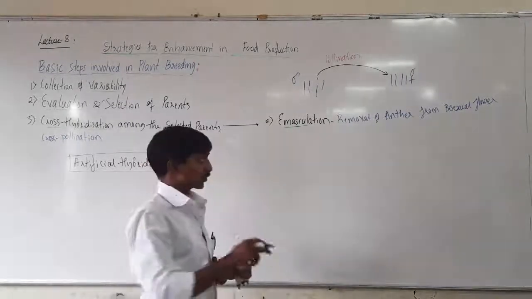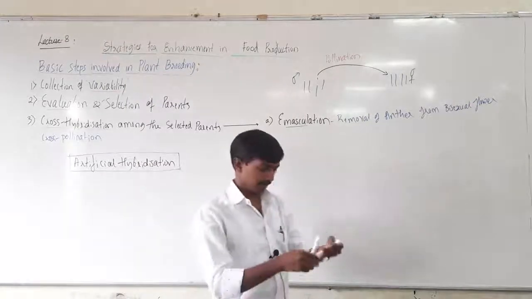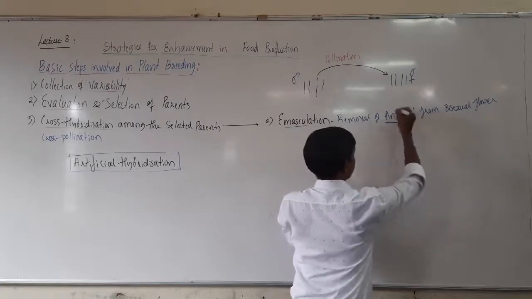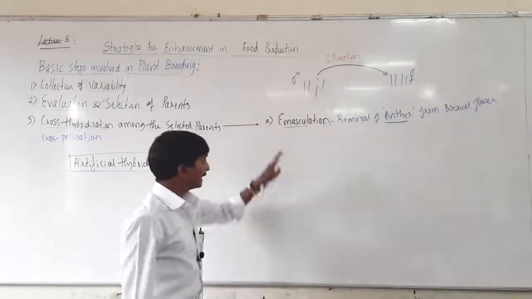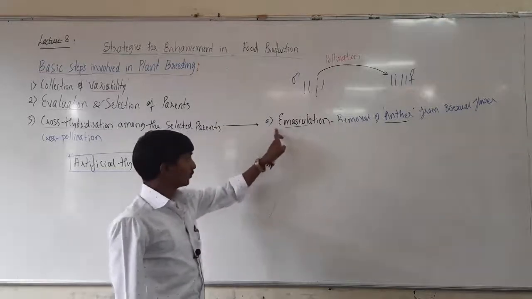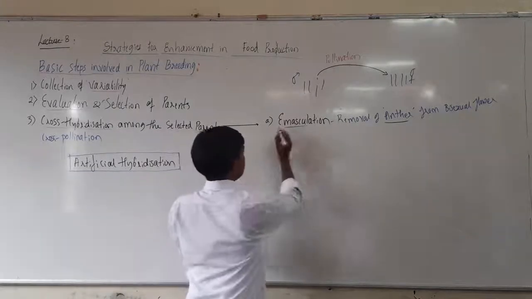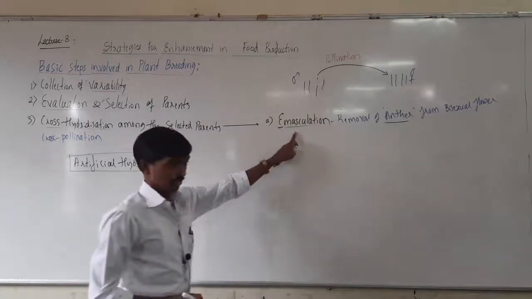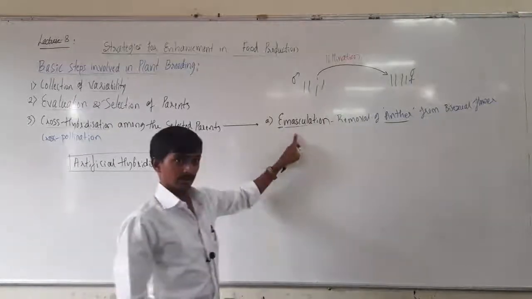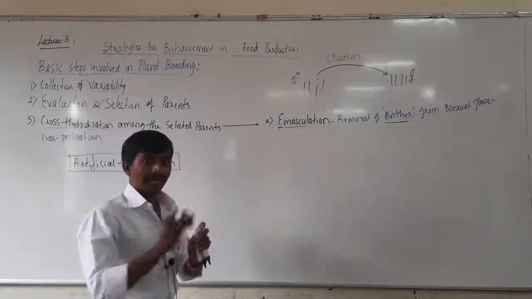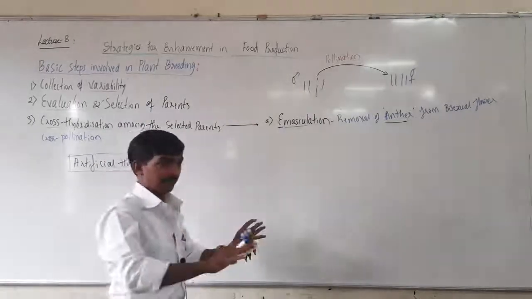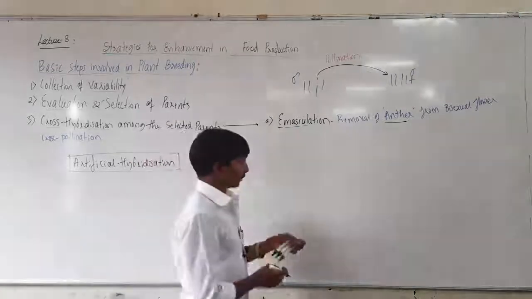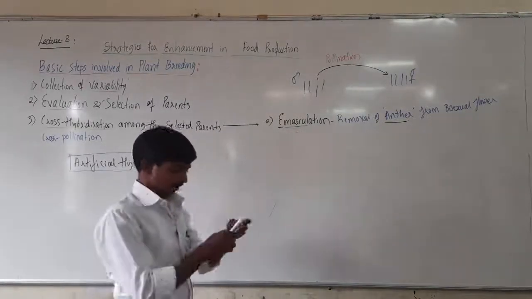So from the bisexual flower, they will remove the anthers. Simply from the flower the anthers are removed, whether in the greenhouse or in the forest.